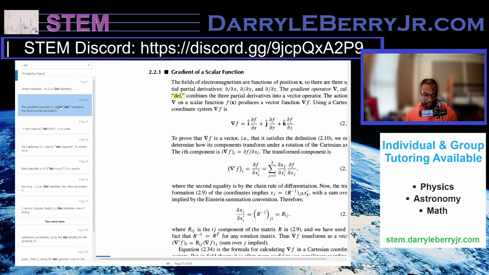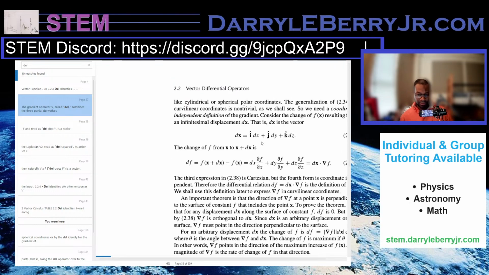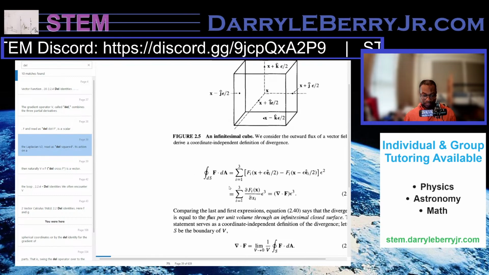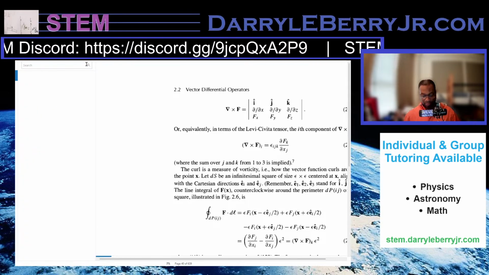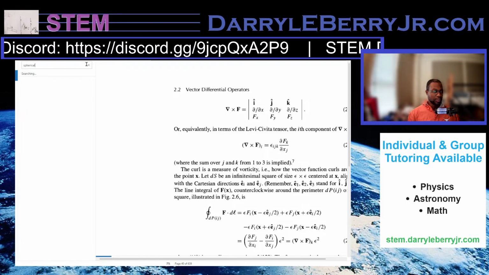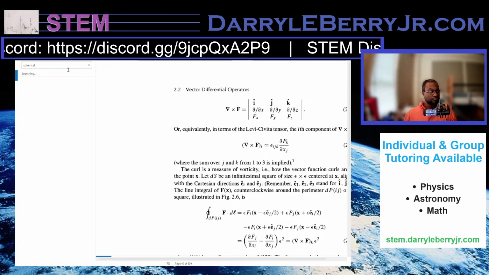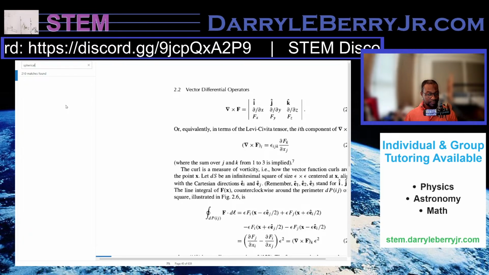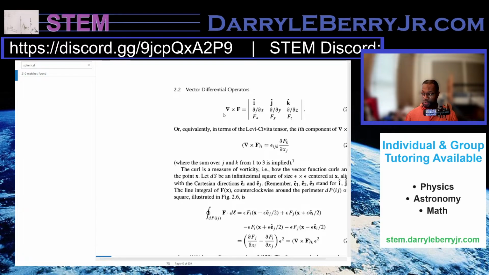but apparently not. This is the book here. This is the del with a function in Cartesian. I'll just search spherical. I'll just use the one that I have and revert back.